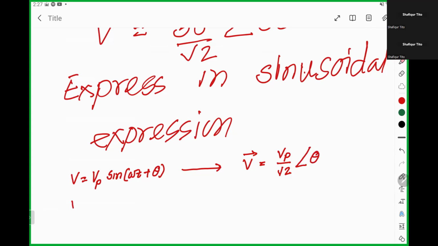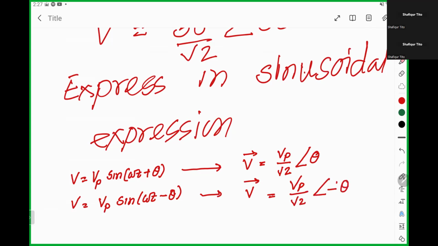If V is equal to Vp sine of omega t minus theta, then this will be V, Vp divided by root 2 and angle of minus theta.